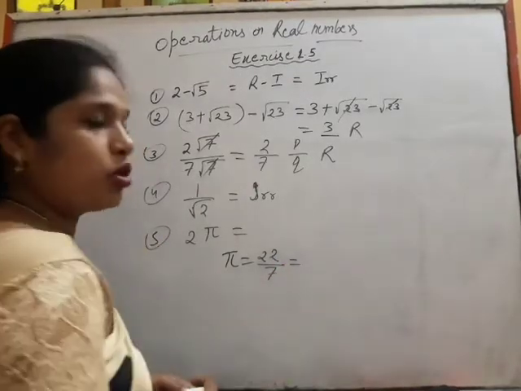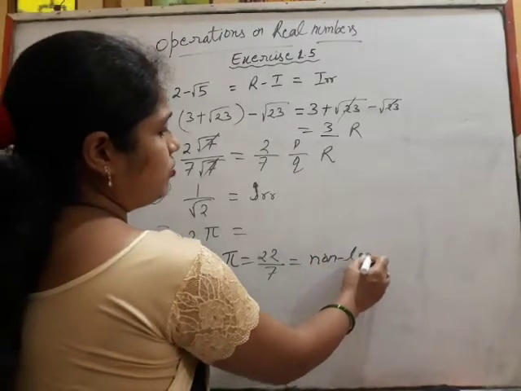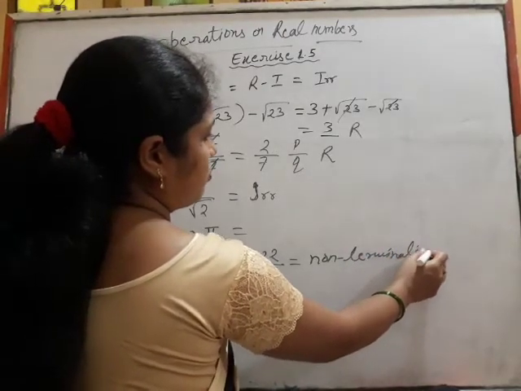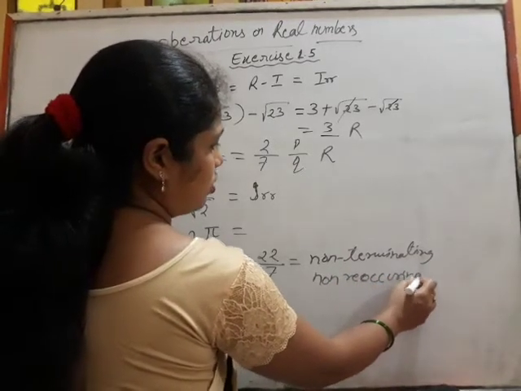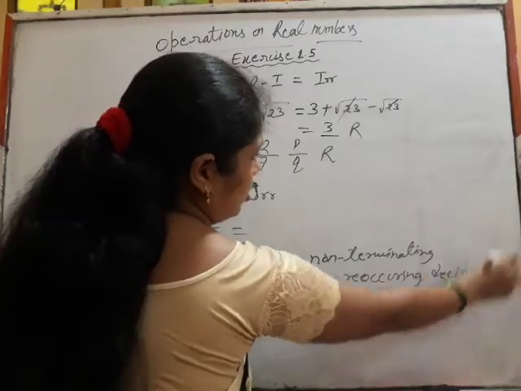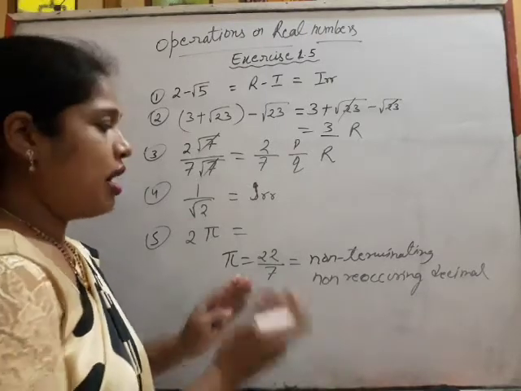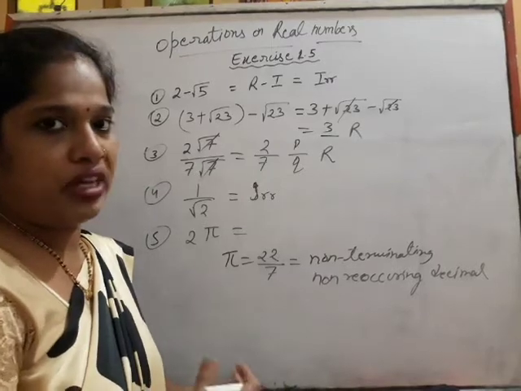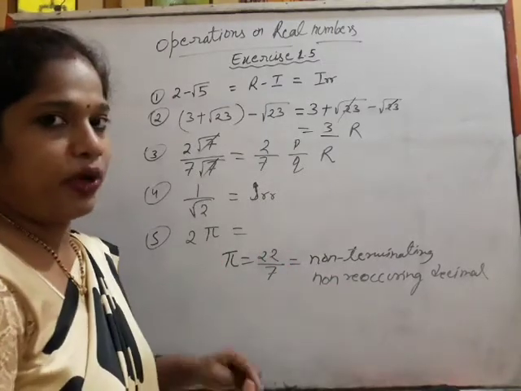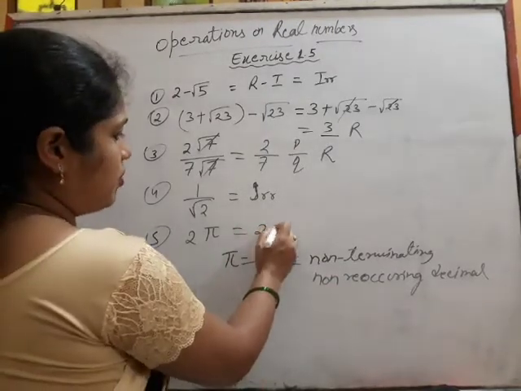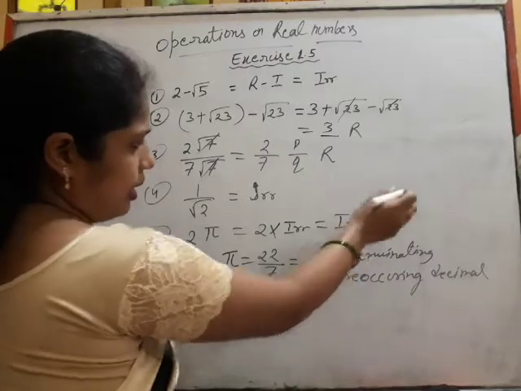When you divide 22 by 7, you get a non-terminating and non-recurring decimal. Non-recurring means it will neither terminate, meaning the remainder will never become 0, nor will the digits repeat. So pi is irrational, and 2 into an irrational number will again give you an irrational number.